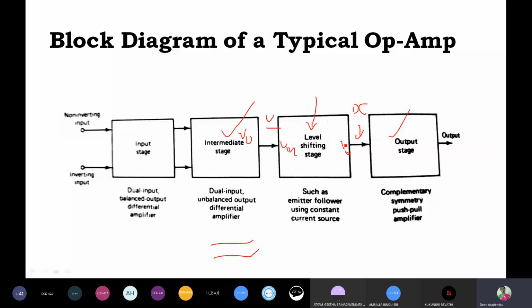But we are modifying this emitter follower circuit so that V naught is less than V in, V in minus some greater value. Then this level will be shifted down and V naught will become 0. That is our aim.